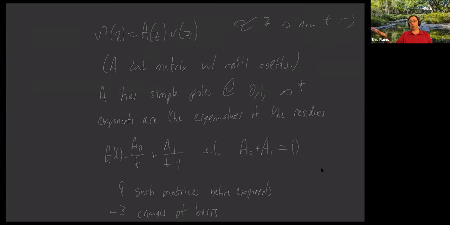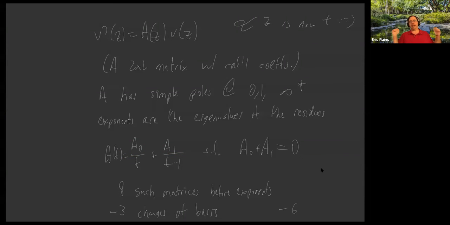To specify the eigenvalues, you can specify the characteristic polynomial. So we're specifying the characteristic polynomial of A0, of A1, and of A infinity, which is some combination of A0 and A1 that you get by doing the change of variables. So they're specifying 6 conditions.